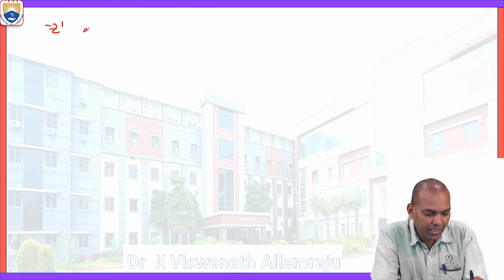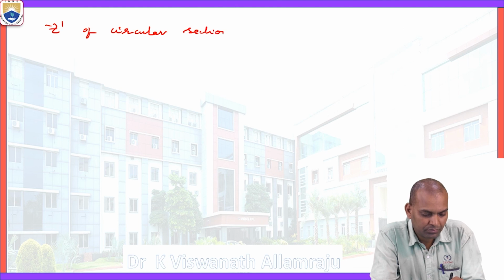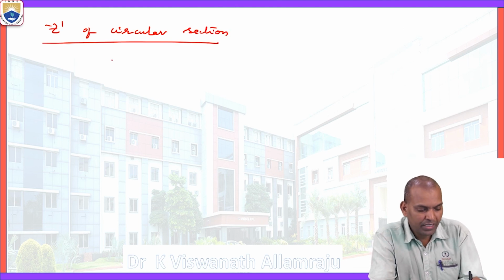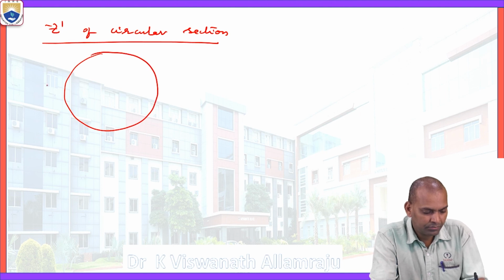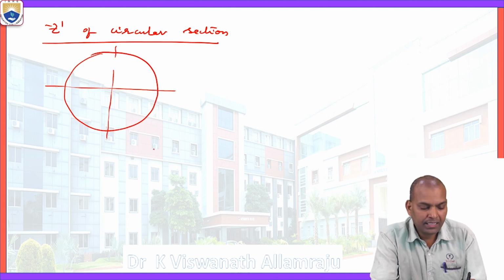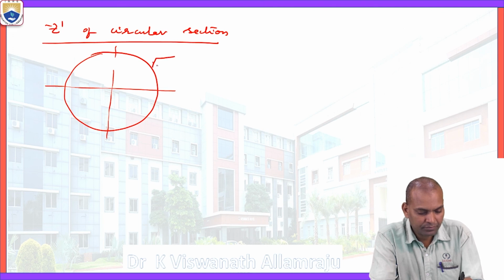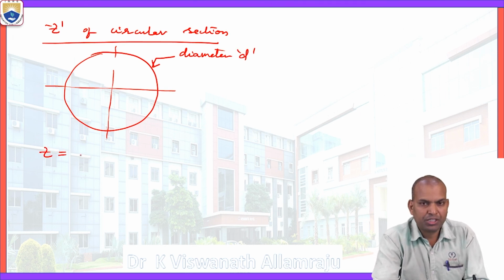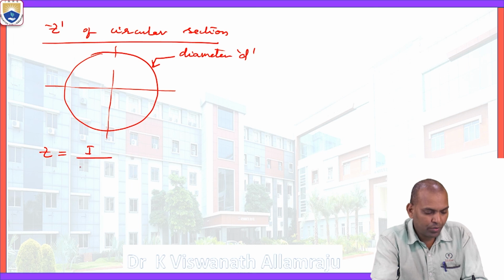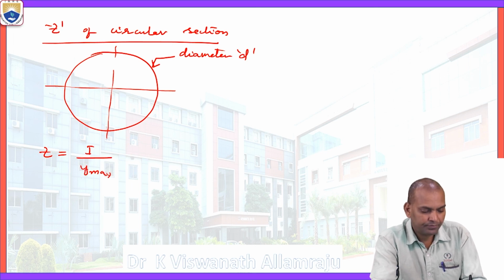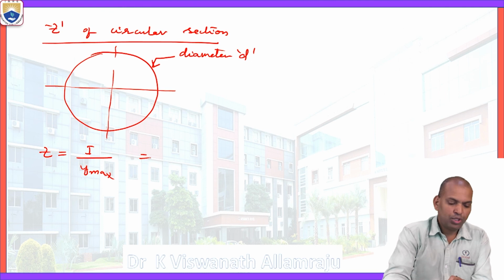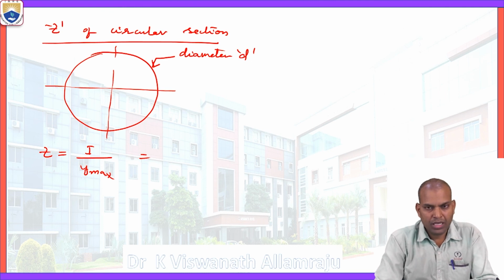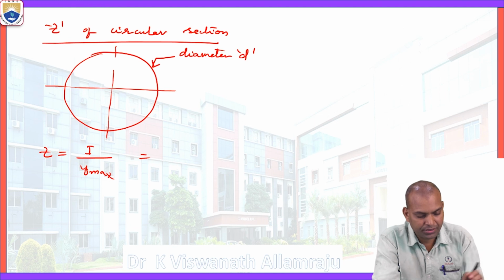Another section: section modulus of a circular section. If you consider a circular section having a diameter d, what is the formula for section modulus? The source formula is I by y max. What is the I value? What is the area moment of inertia of a circular section?